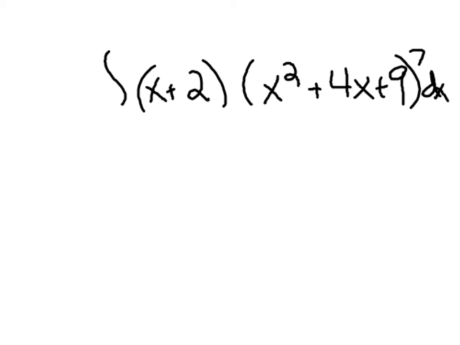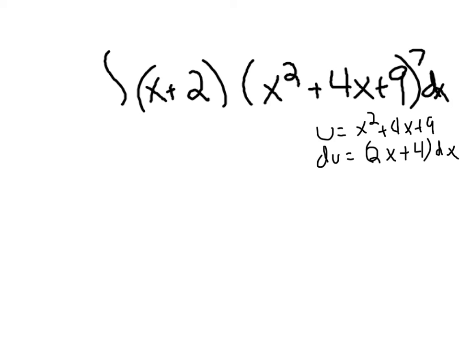Just like the chain rule can get more complicated, so can U-substitution. So here this problem's a little bit different because I got a trinomial as my in. So u is equal to x squared plus 4x plus 9. That was what the in was. So then du is equal to 2x plus 4 dx. I almost have my du. I need a 2 times that x and a 2 times that 4, which is fortunate.